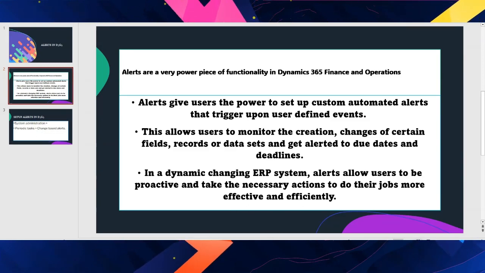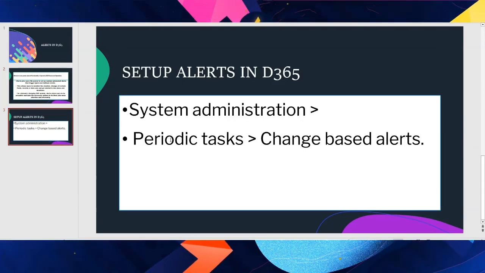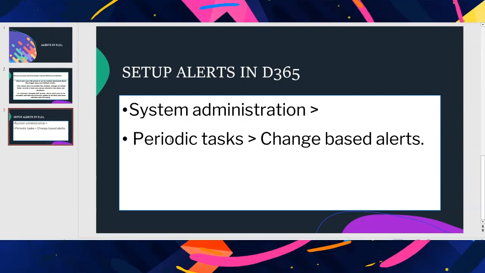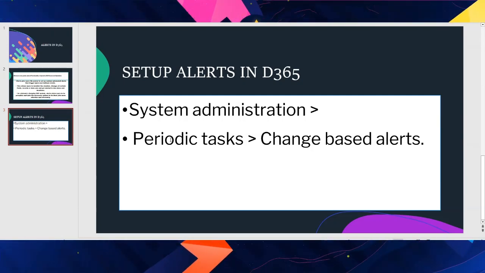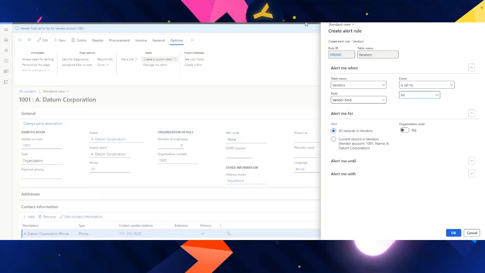So the first thing you will do is make sure that you have set up alerts in D365, to make sure that a job called change based alerts is running or is in waiting mode. So I want to show you in D365 how you can find that batch job.